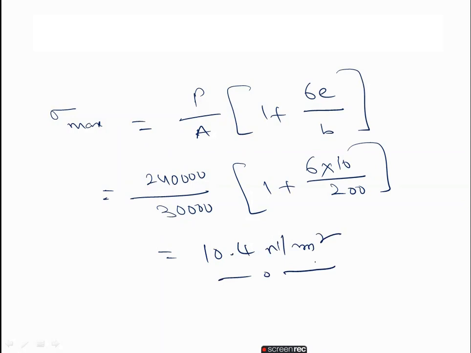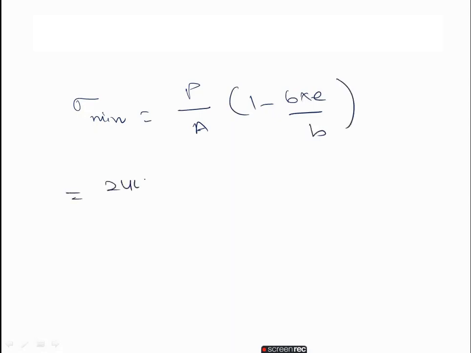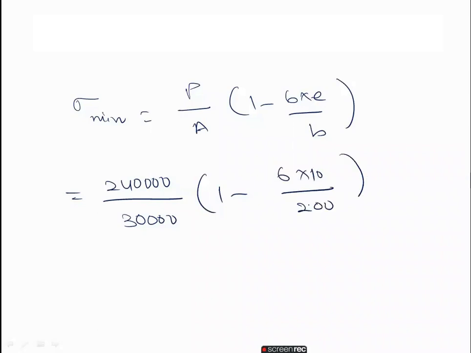Now, in the same way, calculate sigma minimum. The formula is P by A into 1 minus 6E by B. P is 240 into 1000, area is 30,000, 1 minus 6 into 10 by B, the B value is 200.